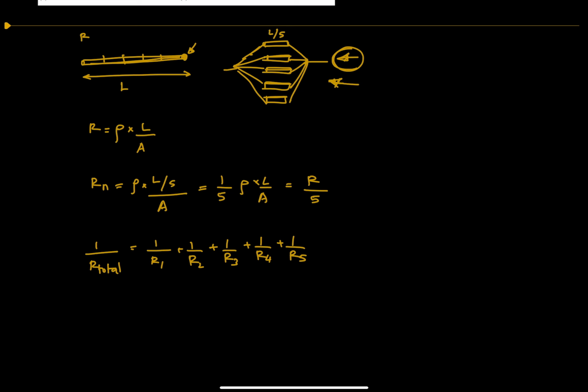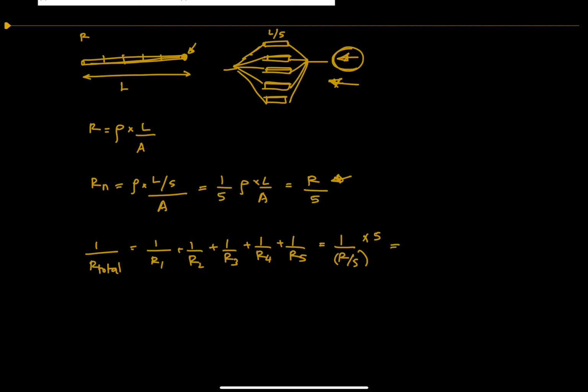We have 5 wires in parallel and each wire resistance we found here as R by 5. So when we say 1 by R by 5, and since all of the wires are equal, we can simply multiply that by 5. Adding it 5 times is basically multiplying it by 5.